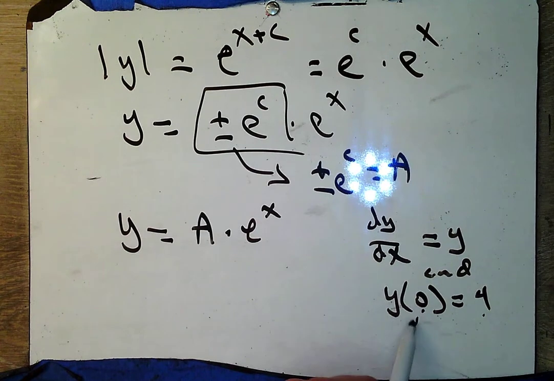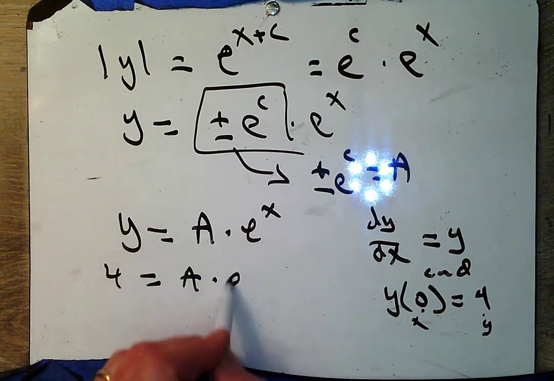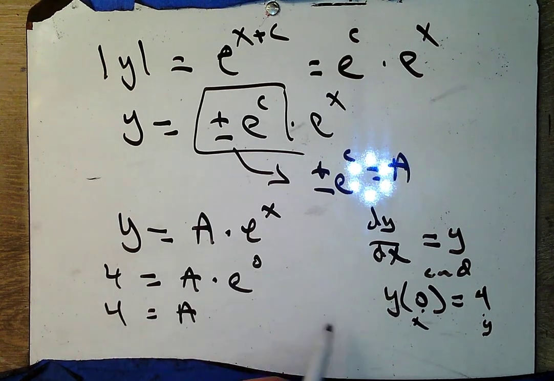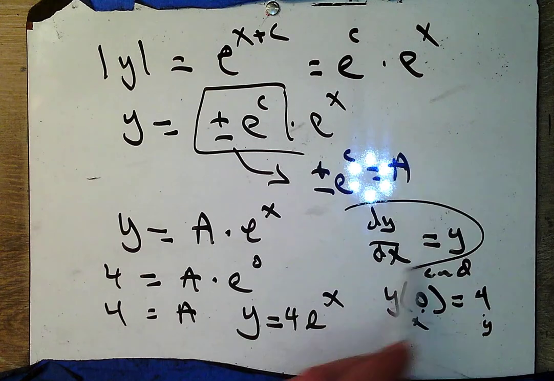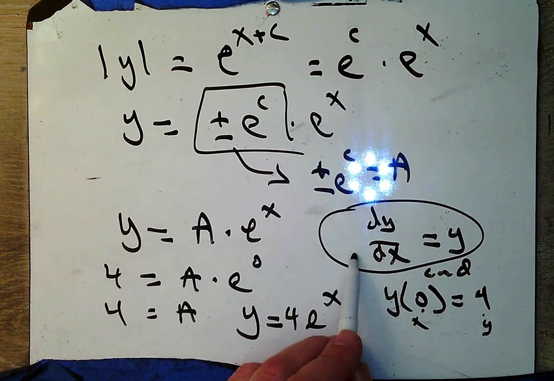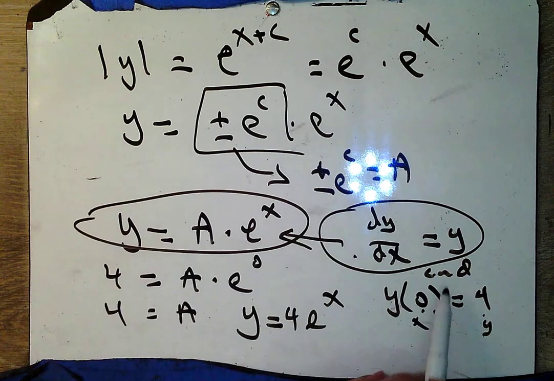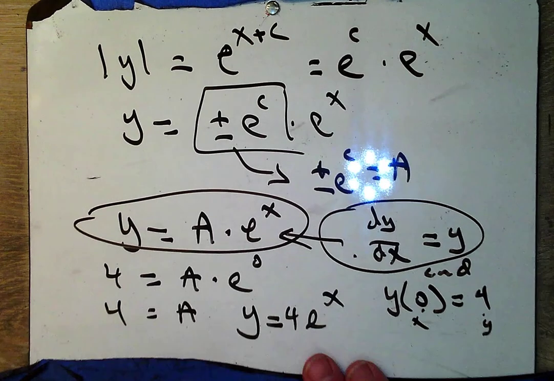I want to plug in this x and this y and figure out that a is equal to 4. And so the particular solution is that. Here's my particular solution to this differential equation. There are an infinite number of solutions. Here they are. But we've been given information to help us find the specific solution. And that's our specific solution.